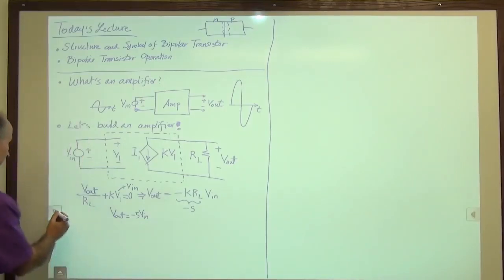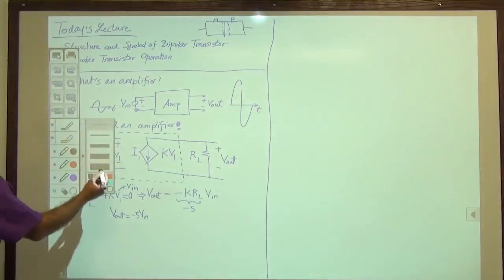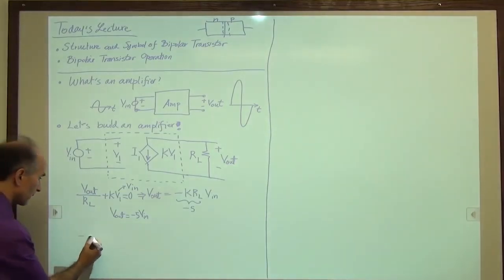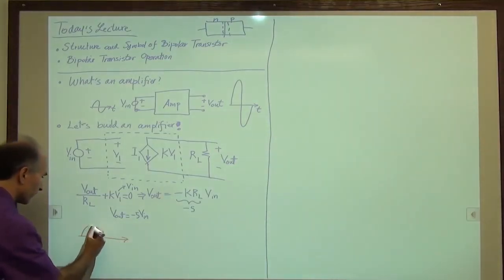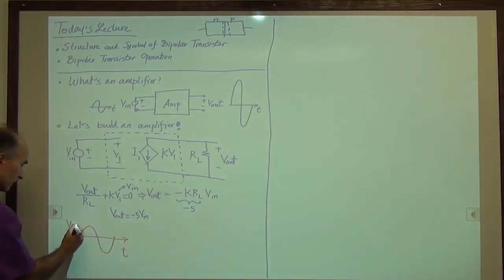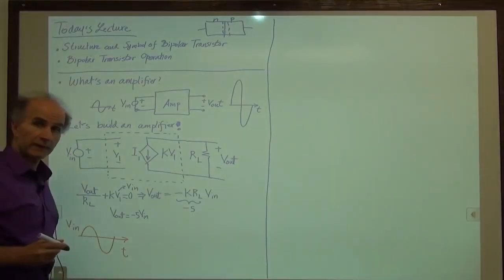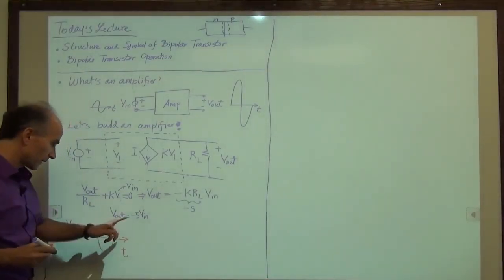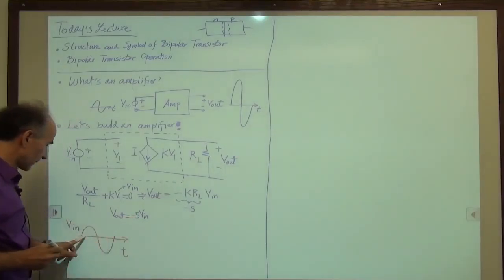So we draw our input again in red. So here's our input waveform, V in. And what does our output waveform look like? Our output waveform is minus 5 times this.